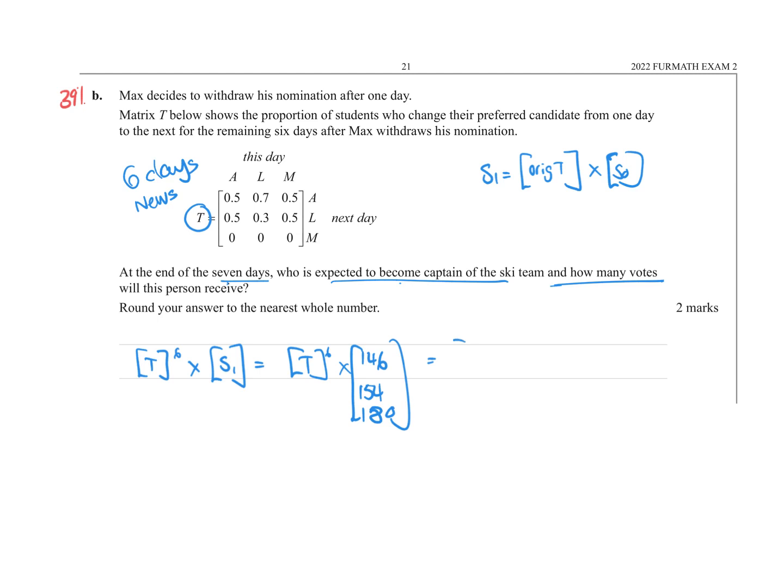Then you end up with 280, 200, and 0. So you have to state who won: Ali with 280 votes. Probably people didn't get the full marks because they're not writing the statement out.